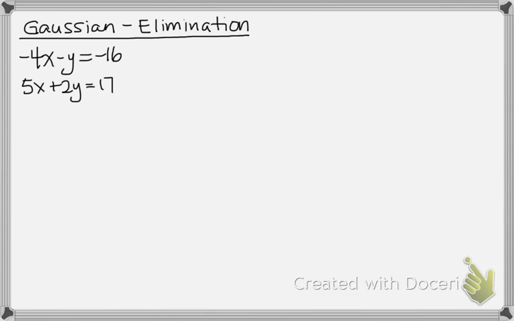So you have to take this system of equations and write it as something that we call an augmented matrix. Okay, so the augmented matrix is basically this box-looking thing, okay?